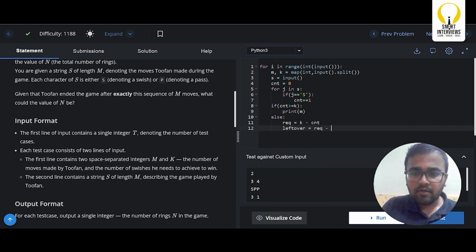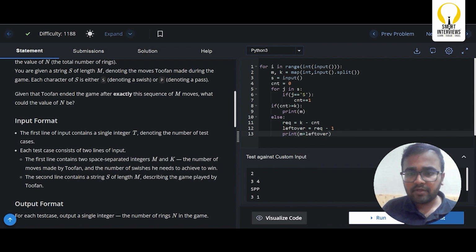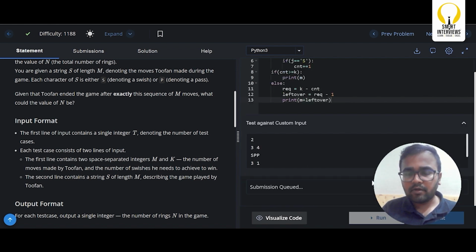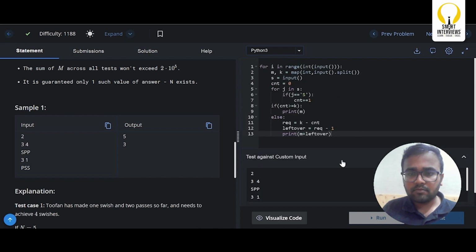So the number of rings leftover will be this. The total number of rings will be equal to m plus the leftover number of rings. Let us run it. So we received the expected output. Let us submit it.